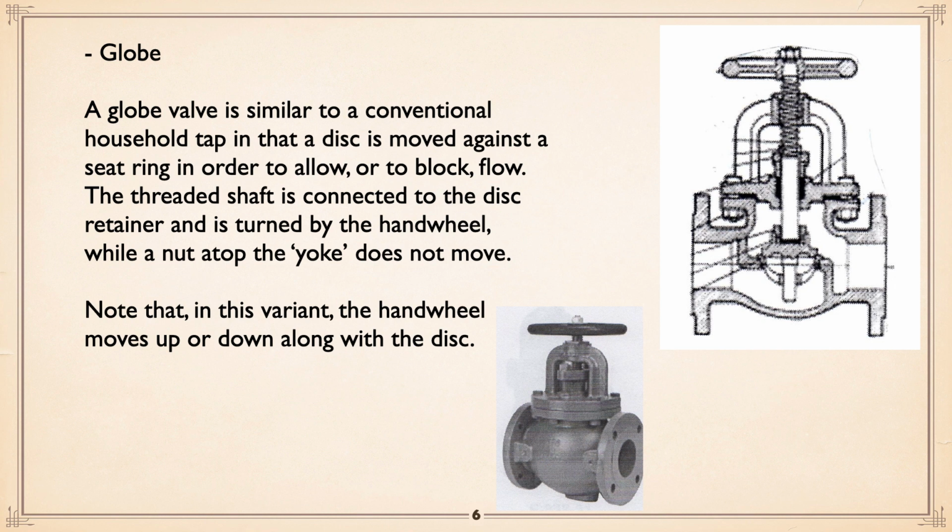The threaded shaft is connected to the disc and is turned by a hand wheel, while a nut atop the yoke does not move. Note in this variant, there are different ways of doing it. You can have it attached so that the hand wheel will move up or down, and there are others where it just turns and the shaft moves within it. But basically, that's the globe valve, and we'll get into its advantages and disadvantages shortly.